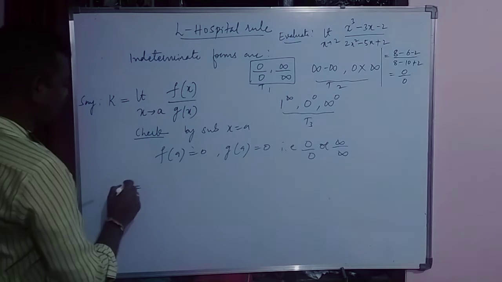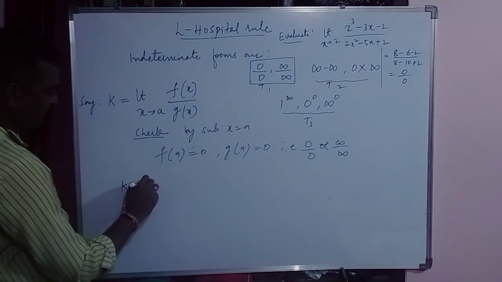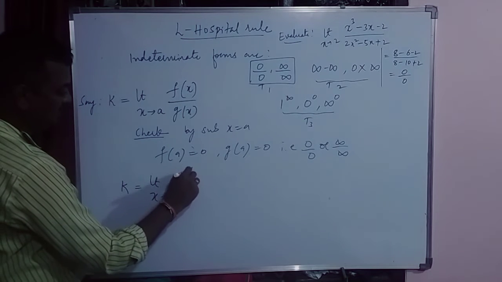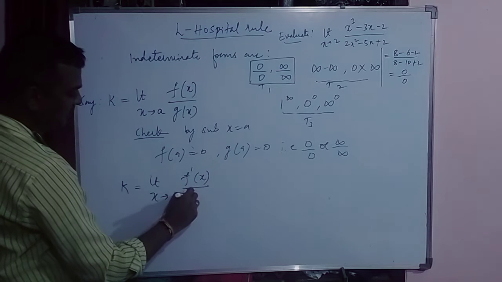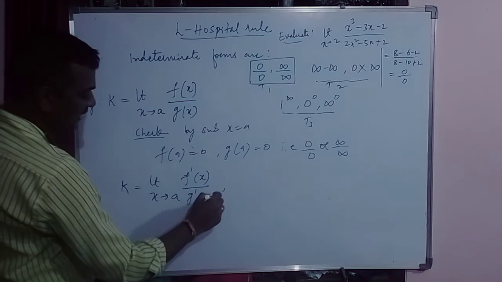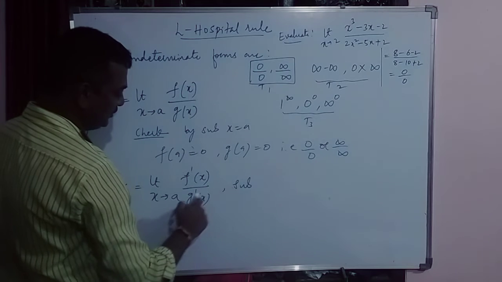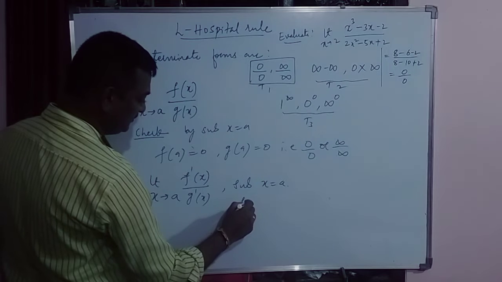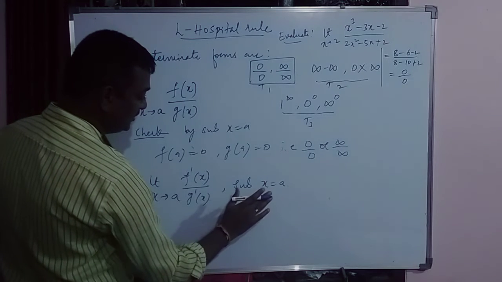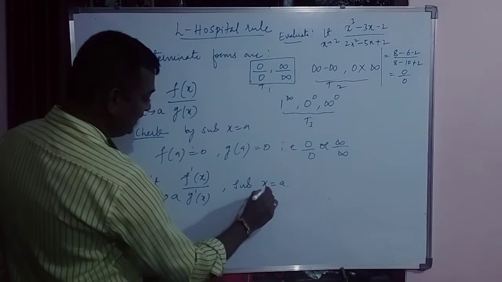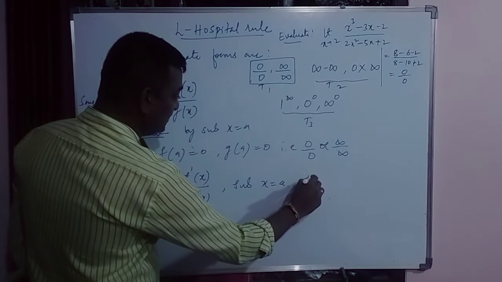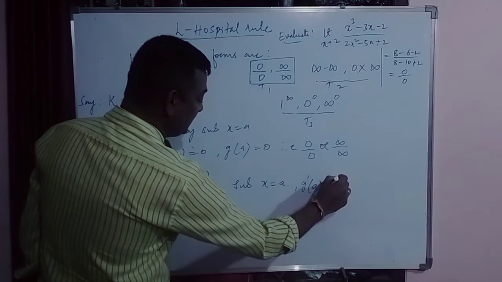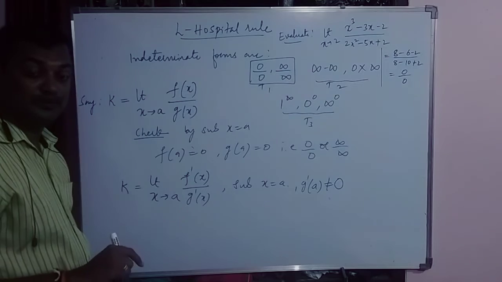Look at the first. Left side is k as well. So you write the limit as it is. You differentiate both f dash of x and g dash of x and substitute x equal to a and observe that g dash of a is not equal to 0.